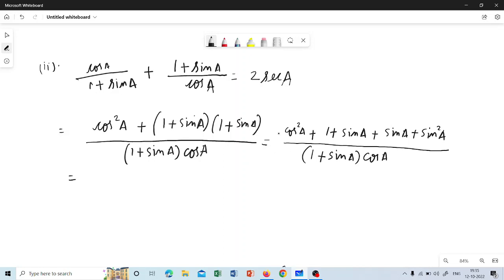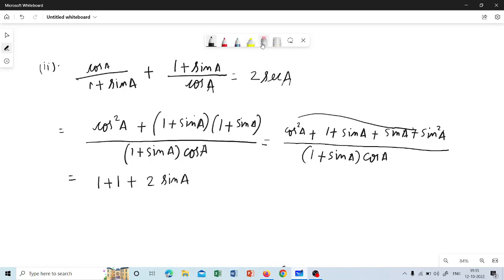So now we know that cos square plus sine square is 1. So I'll directly write 1. So 1 plus sine A plus sine A is 2 sine A. So let me write here itself, 1 plus 1 is nothing but 2.